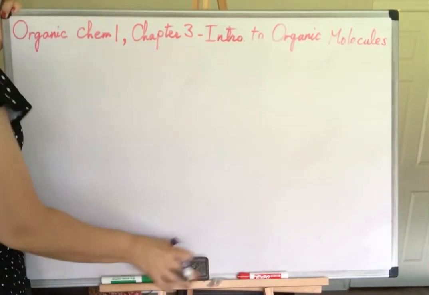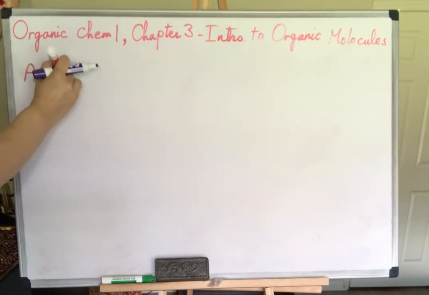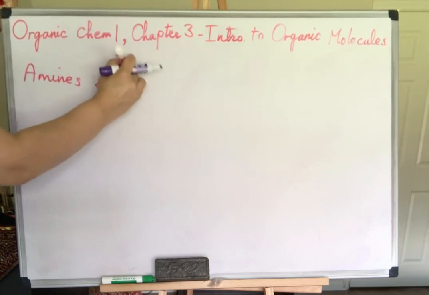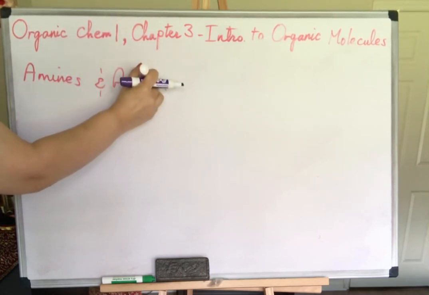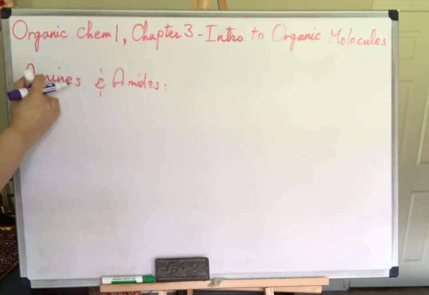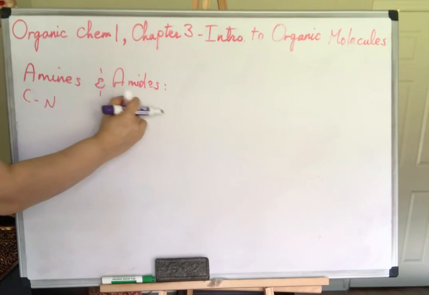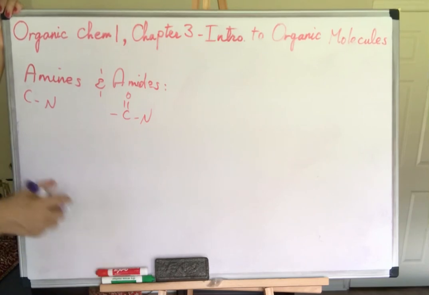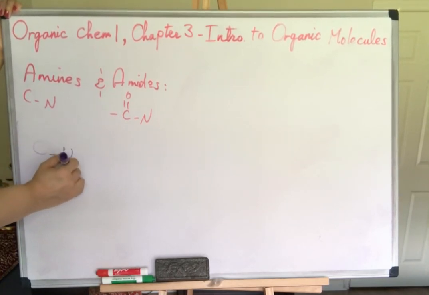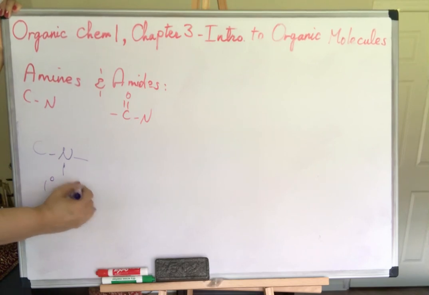Okay, about the amines and amides. We have a combination of carbon and nitrogen in amines and a combination of carbonyl and nitrogen in amides. So for amines, if carbon and nitrogen are connected this way, meaning nitrogen is connected to one carbon, it's a primary amine.